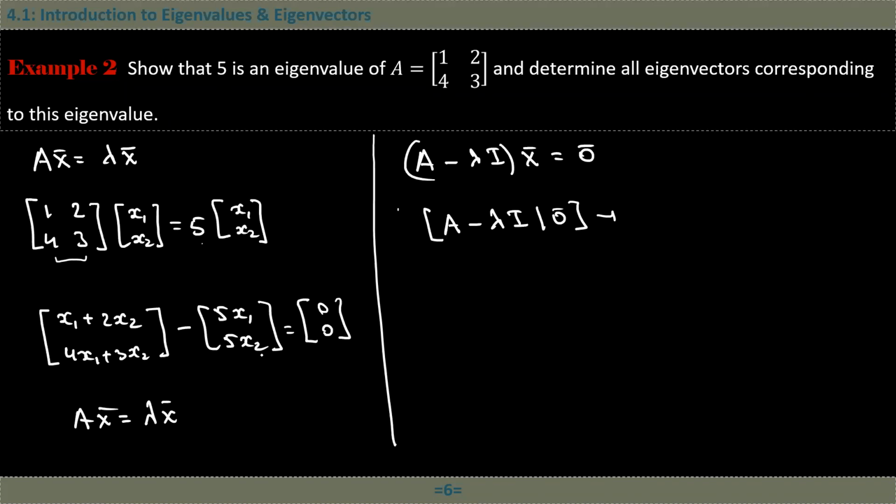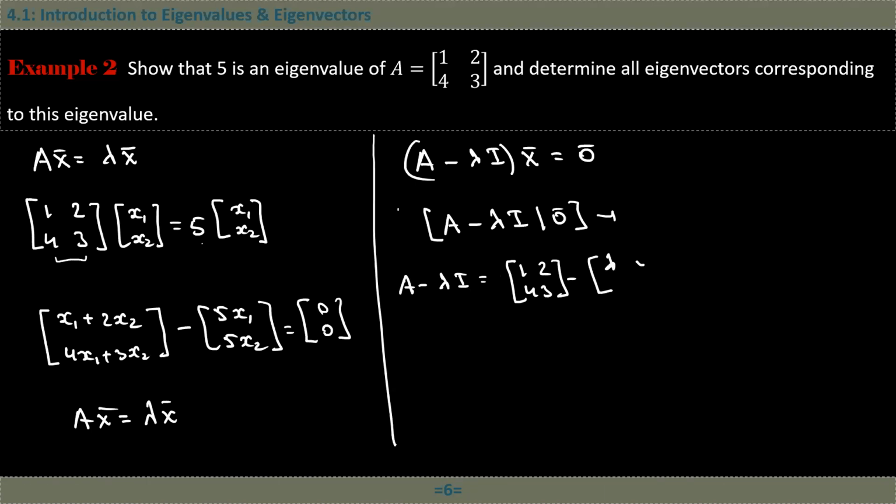What is 5 times I? 5 times I is, here we have a matrix. Let me just simplify here. Matrix A minus lambda I. That is, what is A? 1, 2, 4, 3 minus, and multiply the identity matrix by lambda.